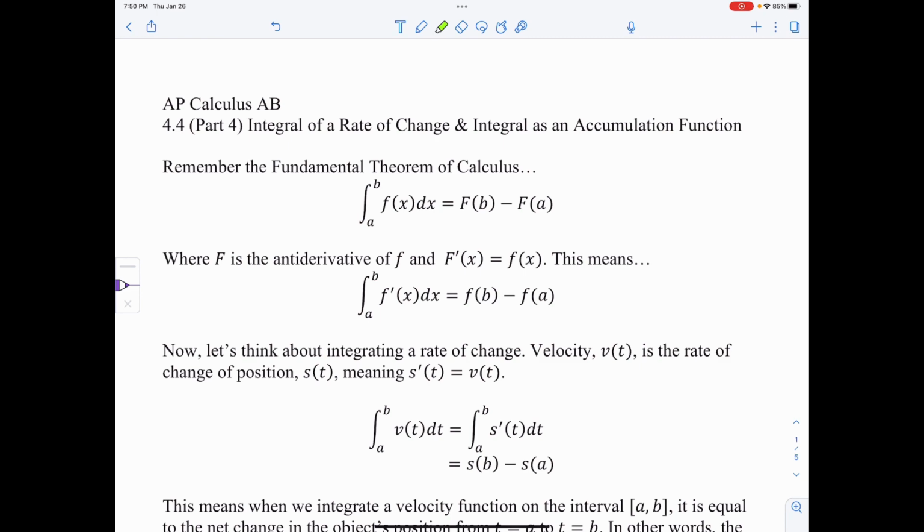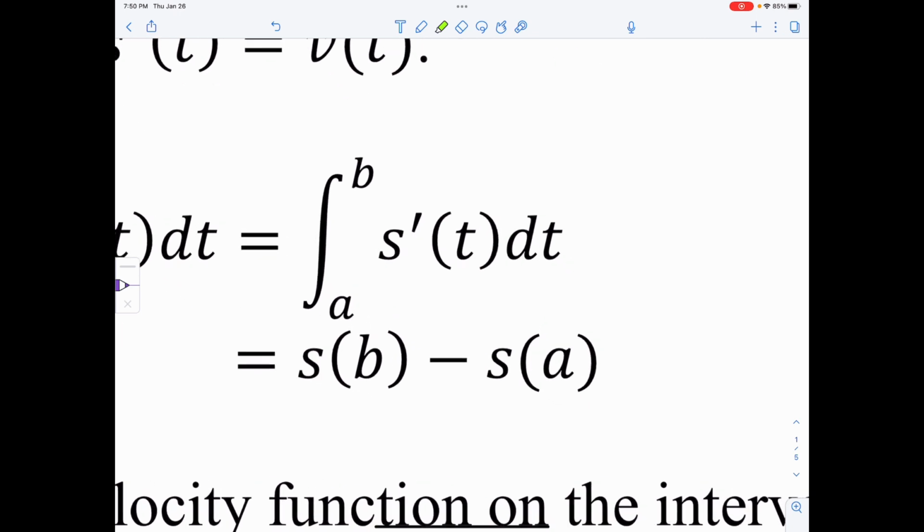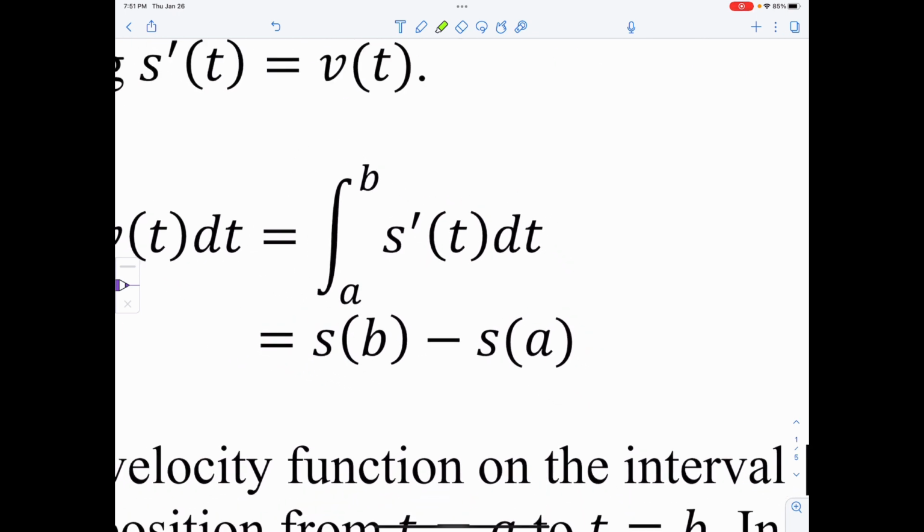So when we integrate our velocity function v of t from a to b, that's the same as integrating s prime of t, so integrating the derivative of the position function. Then when we apply the fundamental theorem of calculus, we get s of b minus s of a.